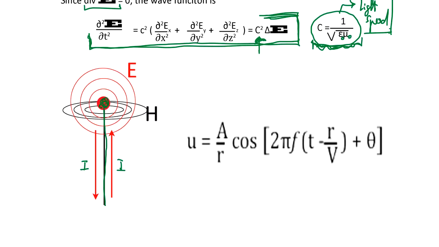This is a capacitor. So you charge up, discharge, charge up, discharge. So the current keeps going. When it's charged up, we learned by Poisson's equation it creates an electric field. So it's a spherical electric field.